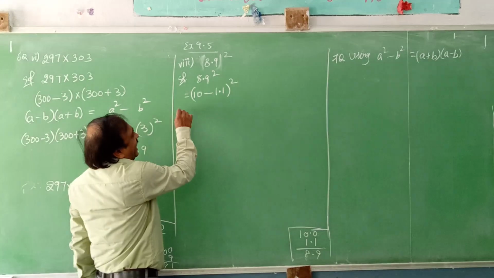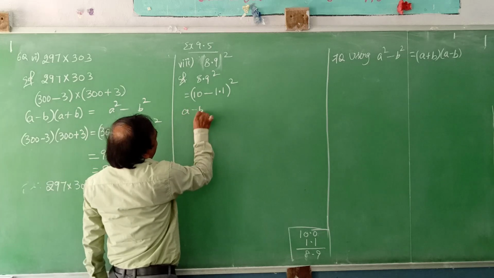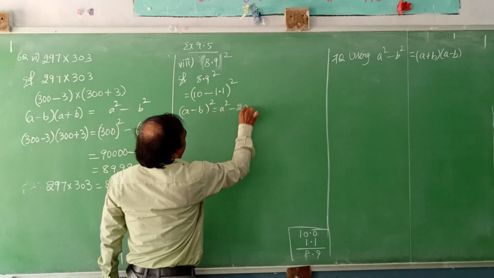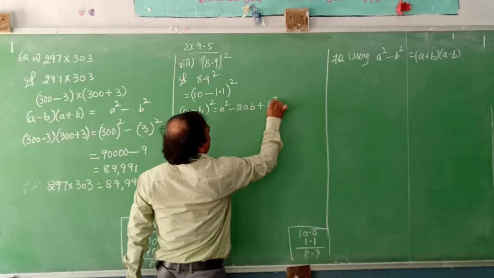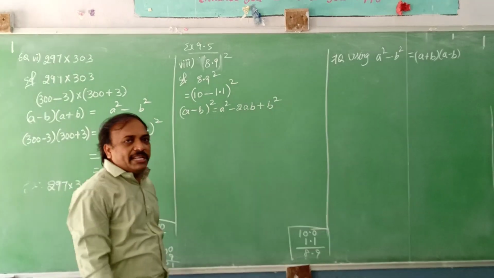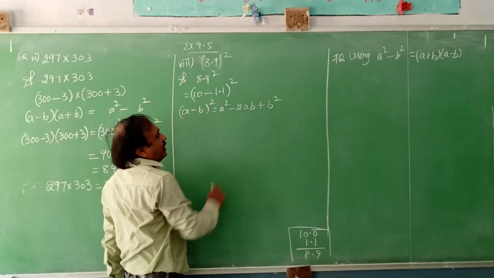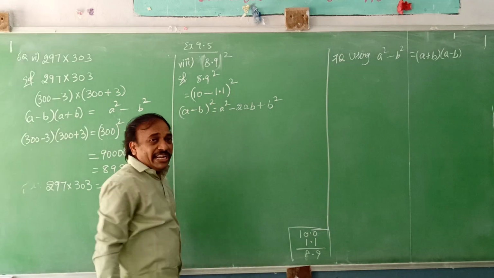Now the identity is (a minus b) whole square is equal to a square minus 2ab plus b square. What is the value of a? 10. What is the value of b? 1.1.